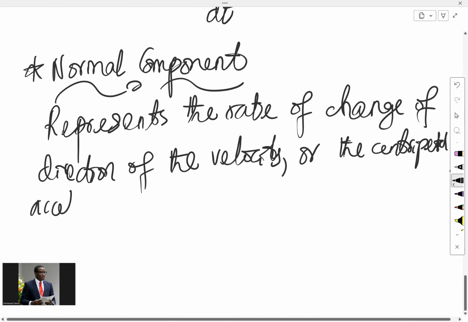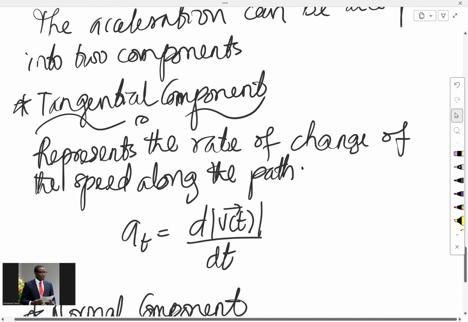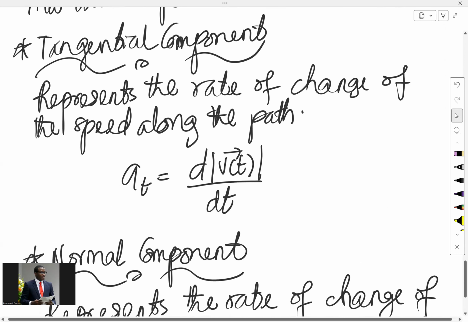So the normal component represents the rate of change of direction of the velocity, while tangential represents the rate of change of the speed.